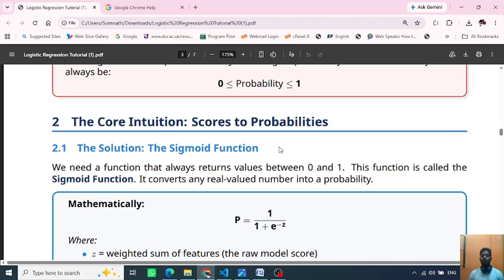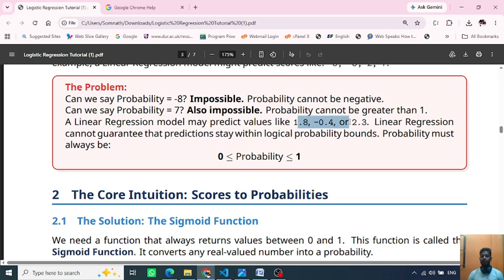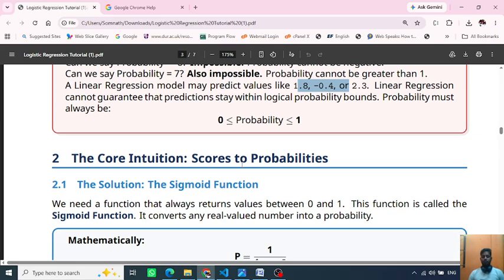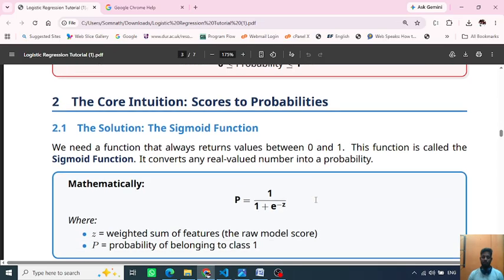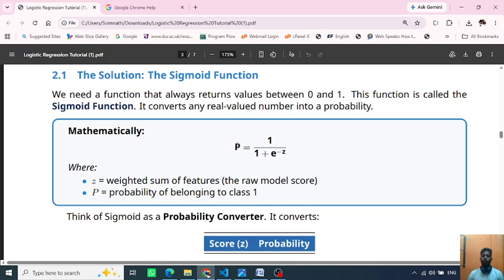The sigmoid function transforms a numerical value, like a linear value, into a probability value between 0 and 1. The formula is: probability p equals 1 divided by 1 plus e to the power minus z, where z is the weighted sum of features, the raw model score, and p is our output probability.